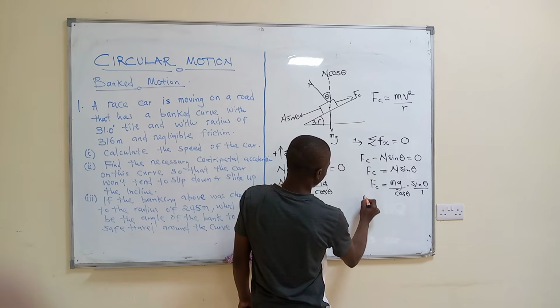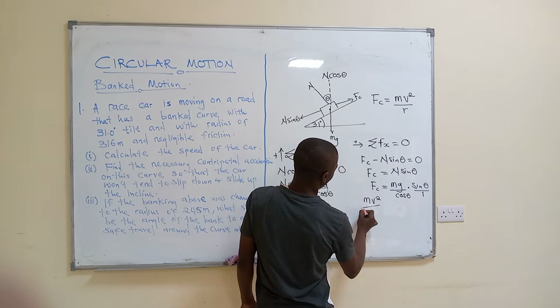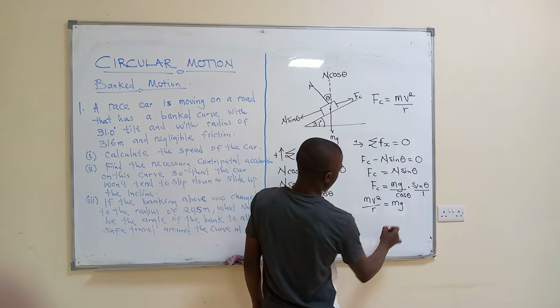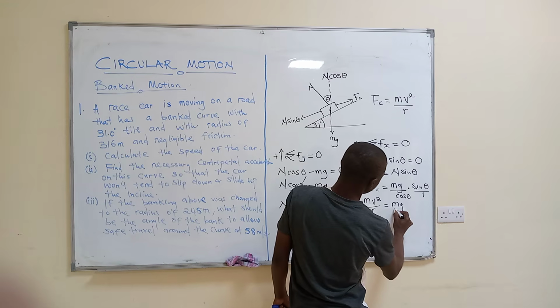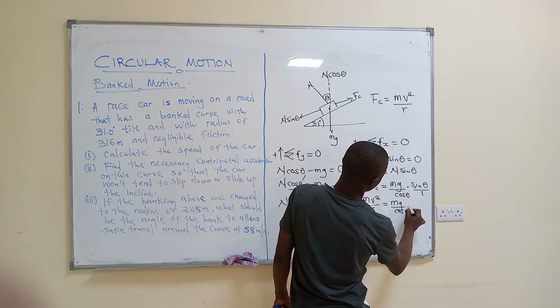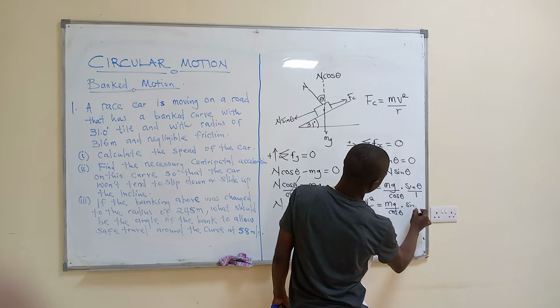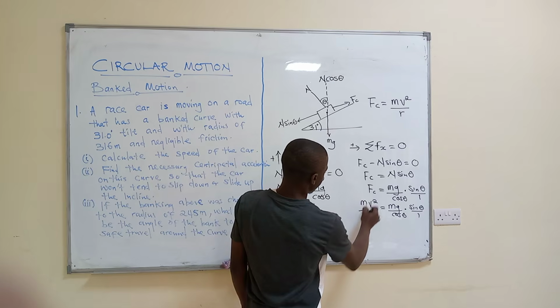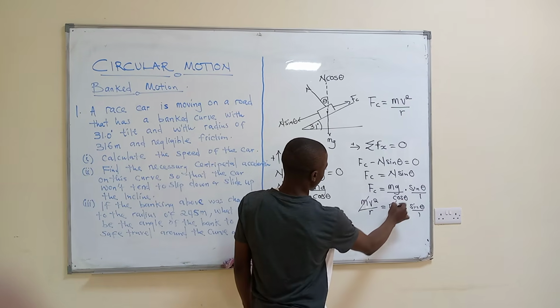So that is mv squared over r is equal to mg over cos theta times sin theta over 1. So here this mass is going to cancel with that mass.